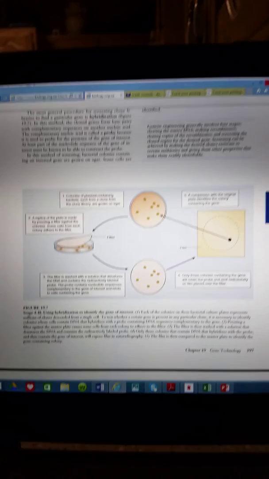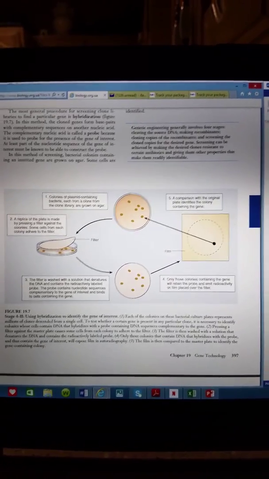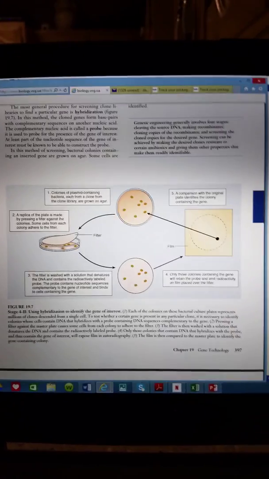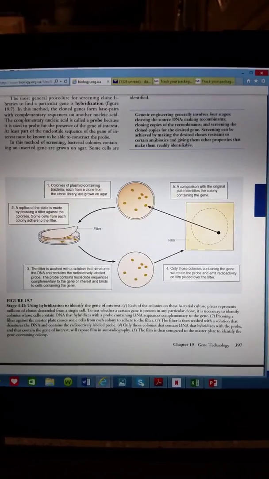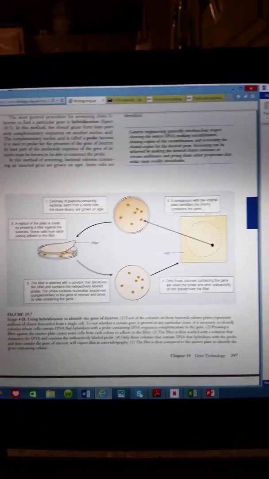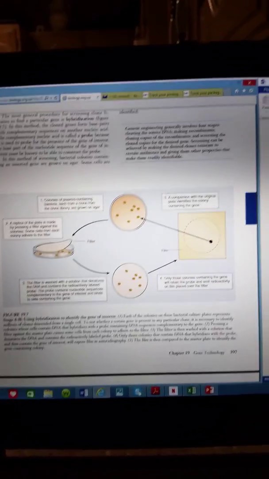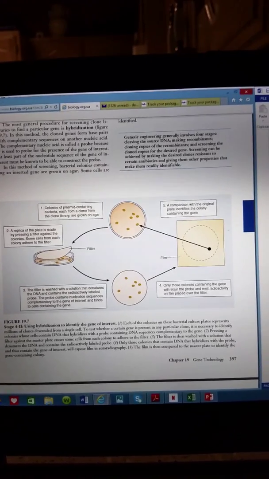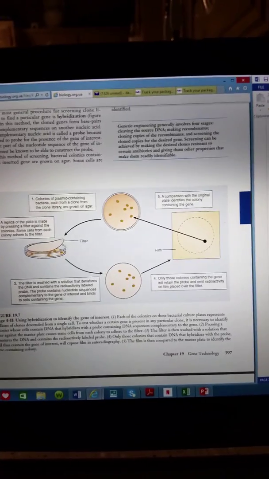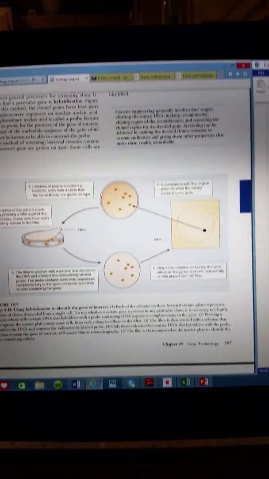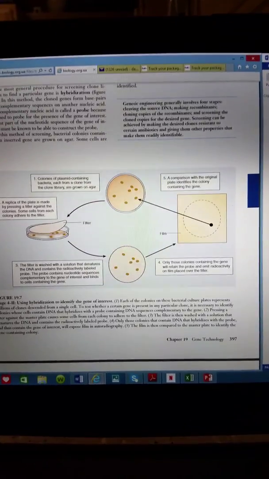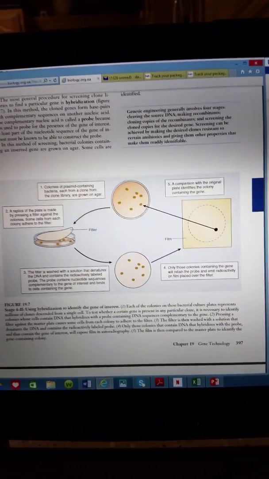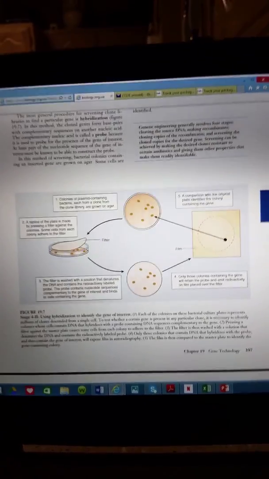You can identify it by whatever is radioactive. You get to pinpoint it on the agar and find out which colony had the gene of interest. At the end, you just compare them and find out which one had it. This is basically everything I talked about on how to find the gene.